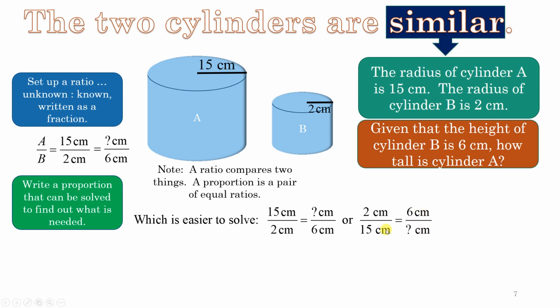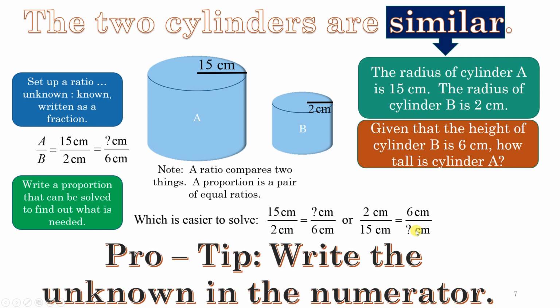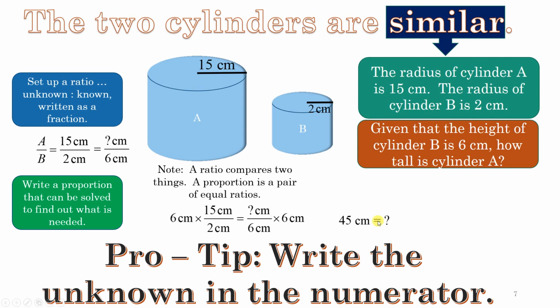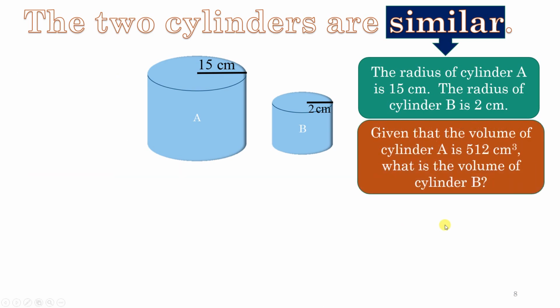And if you had a slightly more complicated situation, you could really get yourself into a lot of trouble if you start off with your unknown in the denominator. So do yourself a favor. Write the unknown in the numerator. Very, very important, because once you do, this is super easy to solve. All you've got to do, like we said, is multiply both sides by 6. And we were right, 45. How do you like that?